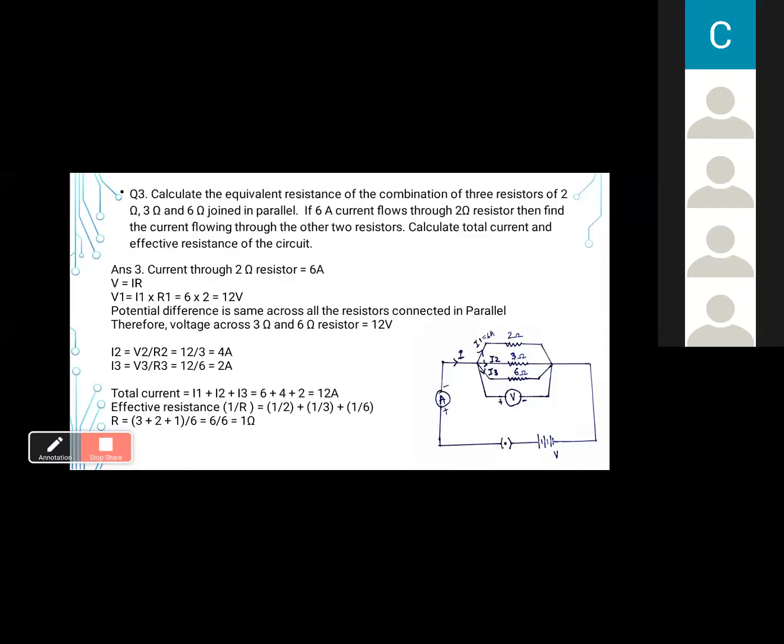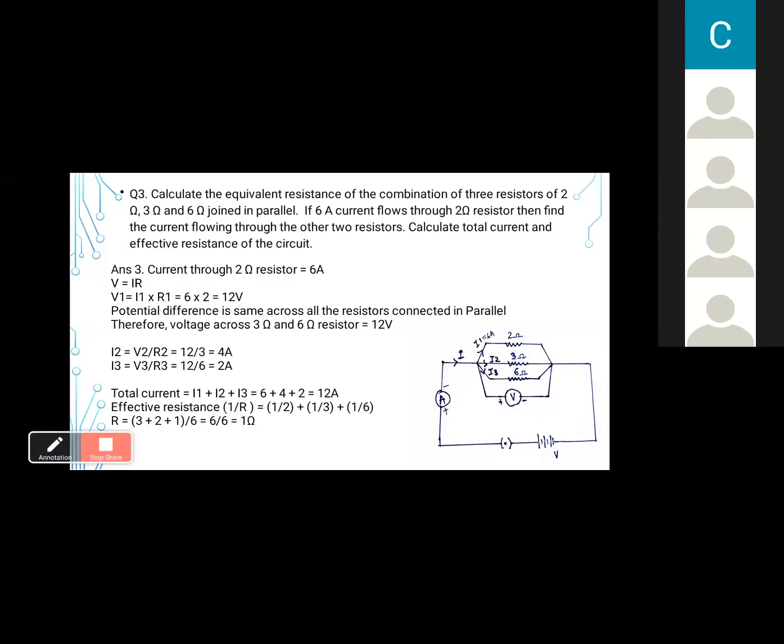They are saying 6 amperes is flowing through the 2 ohm resistor. So I know two variables in the 2 ohm branch. From here I'll calculate the voltage across the 2 ohm resistor. It comes out to be I into R, that is 6 into 2, which is 12 volts. Ma'am, that means there's a total of 12 current? No, 12 volts, it's not a current.